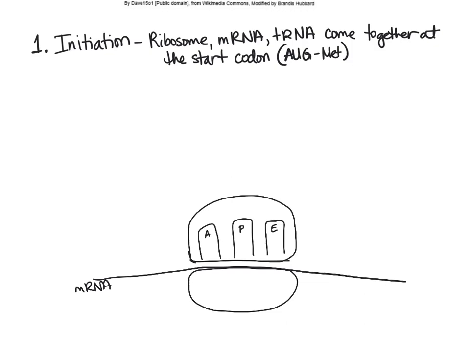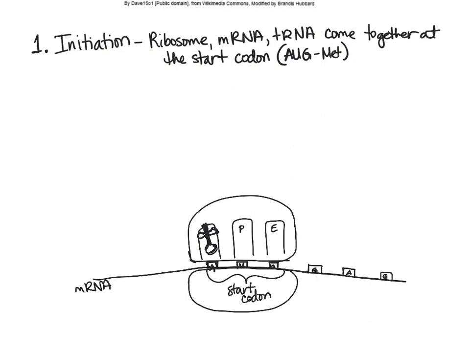Our initial tRNA, which looks kind of like a T, is going to attach itself here in the A spot to our A, U, G. These are our codons on our strand here. And we have next G, A, G. So this is our AUG here, which is our start codon, remember.